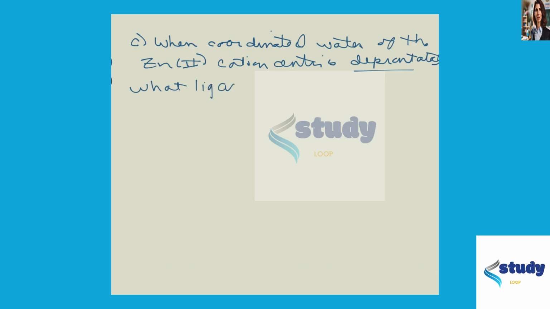What ligands are bound to the zinc 2? And we're also told to assume the nitrogen containing groups are unaffected.